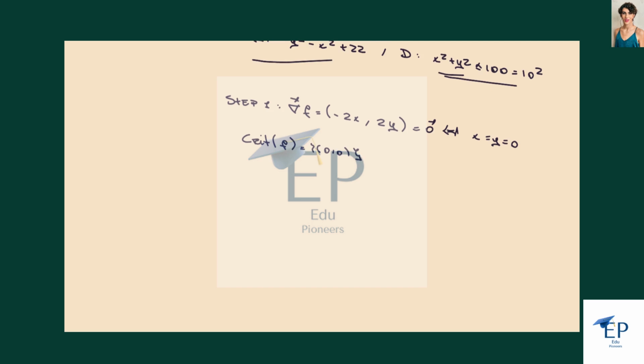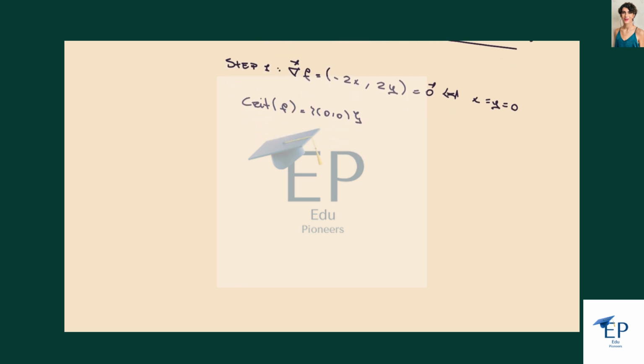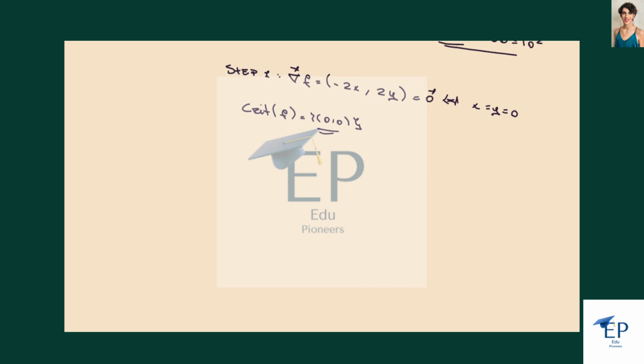Perfect. Now, let's try to understand the nature of this critical point. To do this, we are going to compute the second derivatives of f. That is, the second derivative of f with respect to x, which is negative 2. The second mixed partial derivative is 0. The second partial derivative with respect to y is 2.